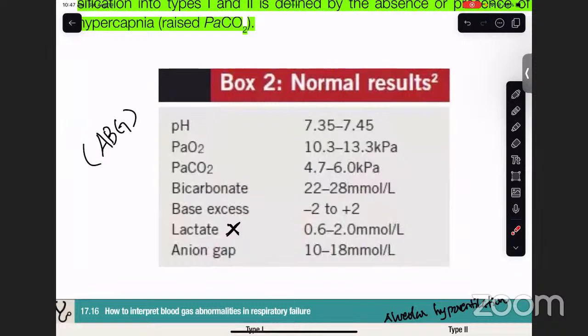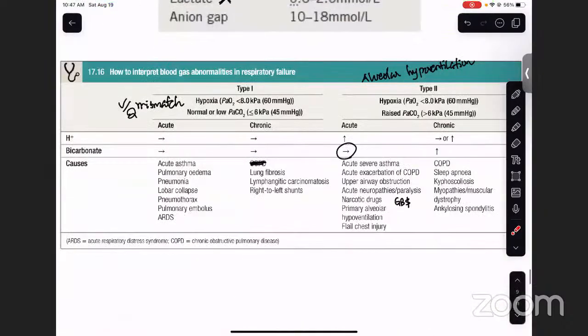PaO2 is 10 to 13 kilopascals. PaCO2 is 4.5 to 6. Bicarbonate is 22 to 28. These are the important things you need to note about arterial blood gas, but sometimes it can be shown in a scenario.